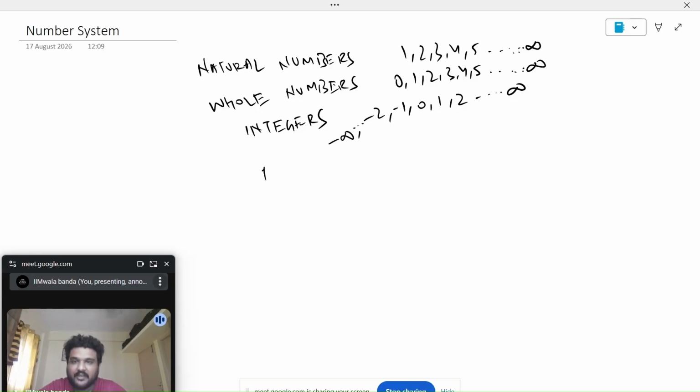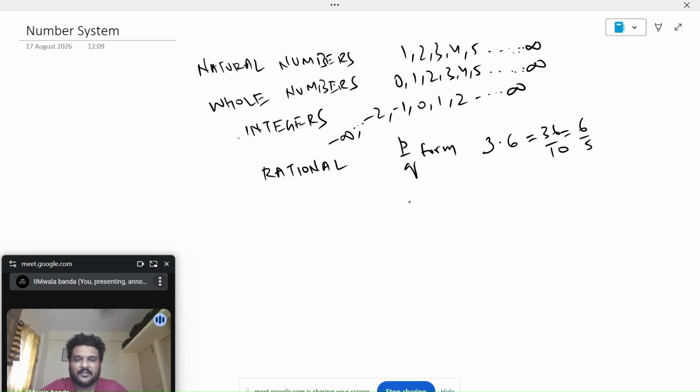And then we have rational numbers. Any number that can be expressed in P by Q form is called a rational number. For example, let's say 3.6, which can be written as 36 by 10, or you can reduce it to the smallest form, but it can be written in P by Q form.